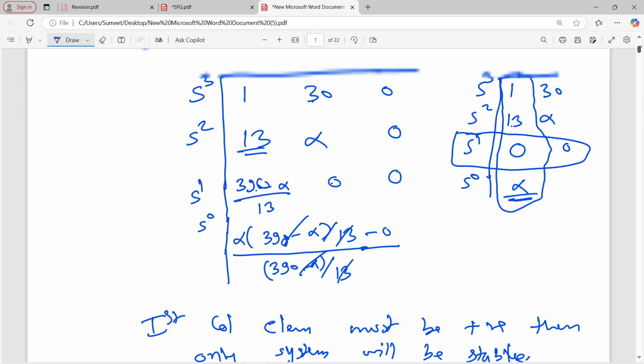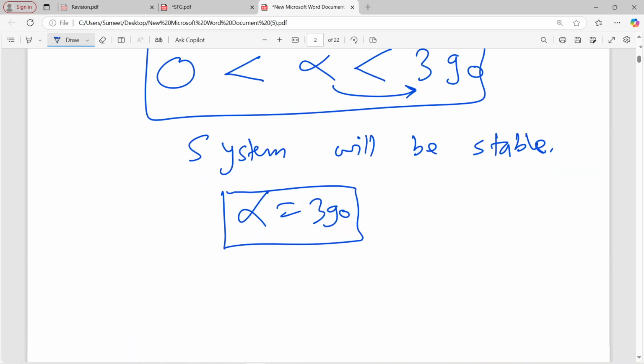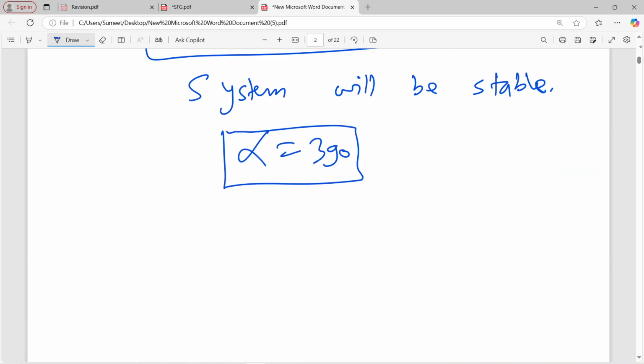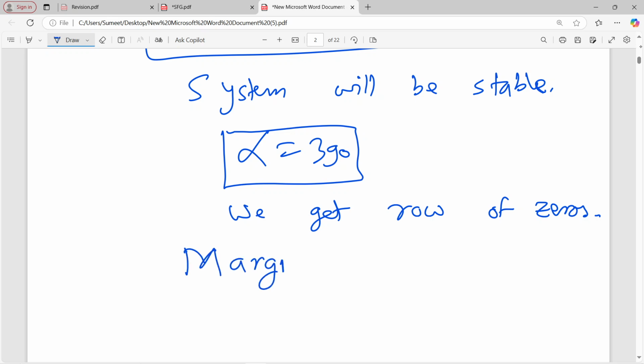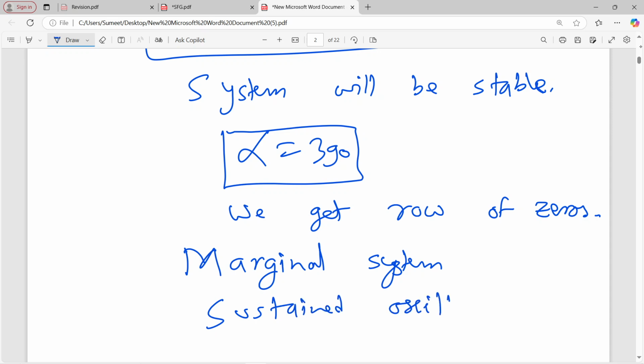So whenever we get a row of 0, in that case we have sustained oscillation. So for alpha equal to 390, we get a row of zeros. So whenever we have a row of 0, system is marginally stable, or in other words the system has sustained oscillations. Okay, thank you.